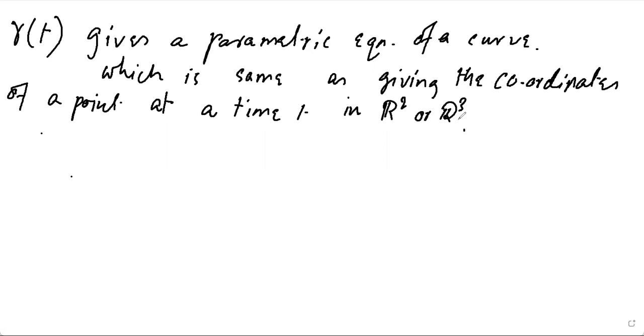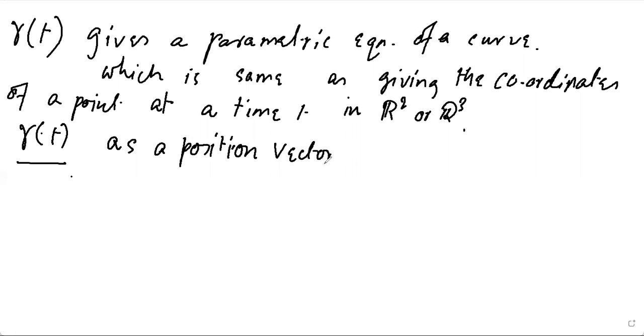Basically, we can think of gamma t as a position vector of a point at time t.